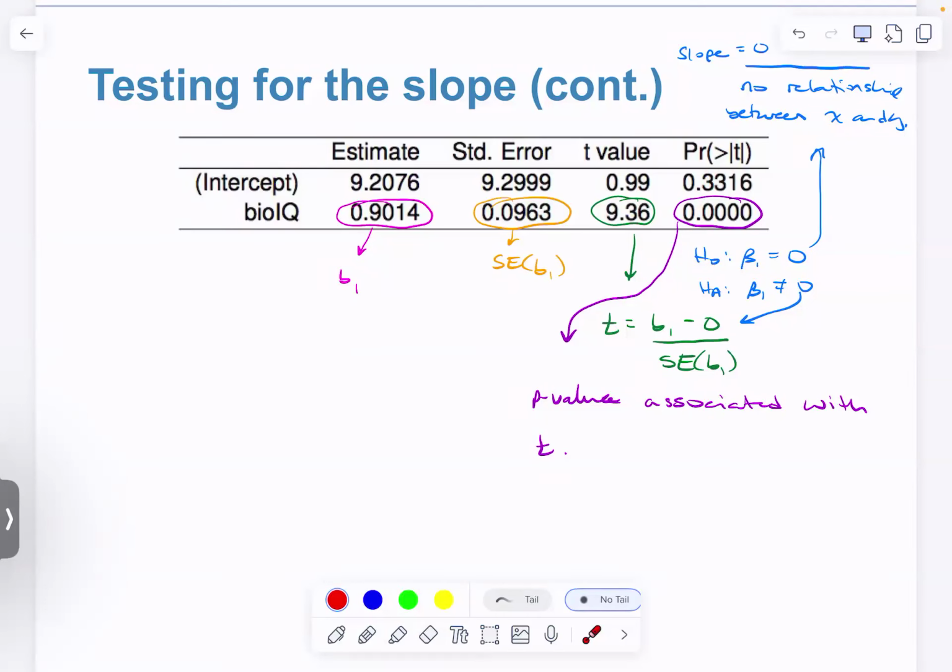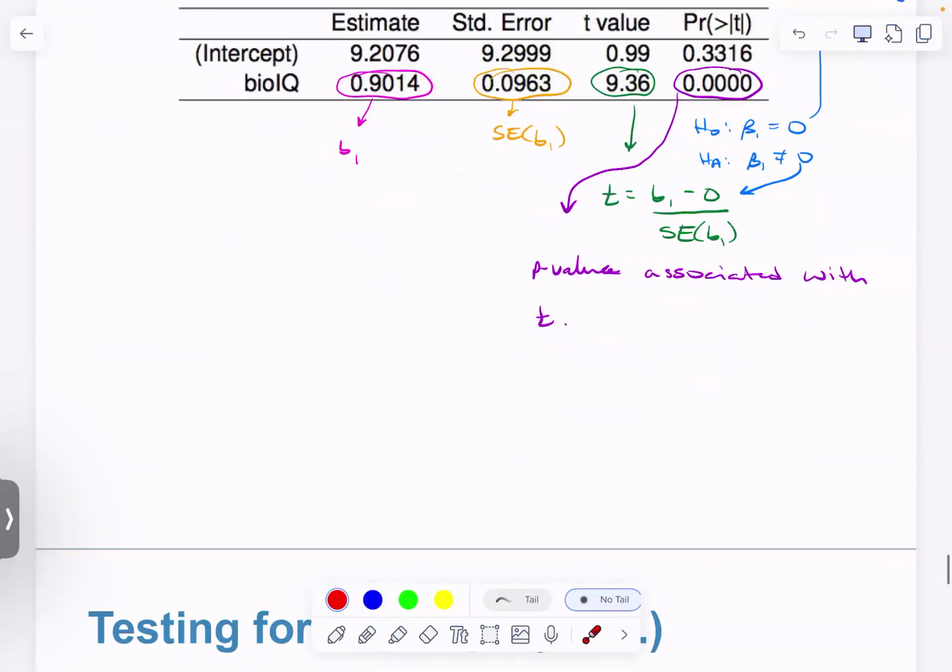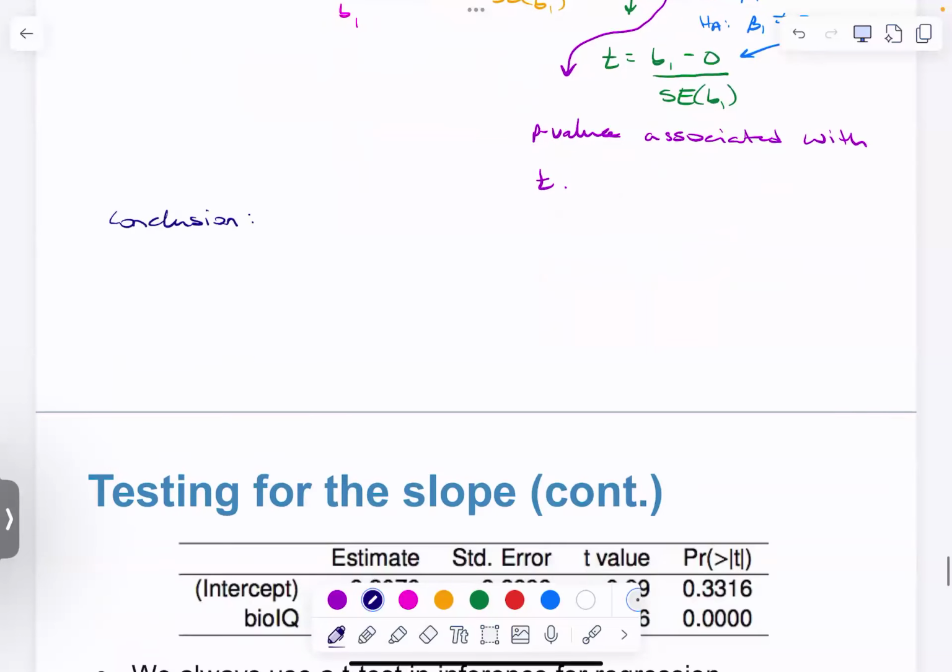So in terms of our conclusion here, it has the same shape as all our other conclusions, right? Since our p-value is approximately 0, don't want to say 0, it's approximately 0.